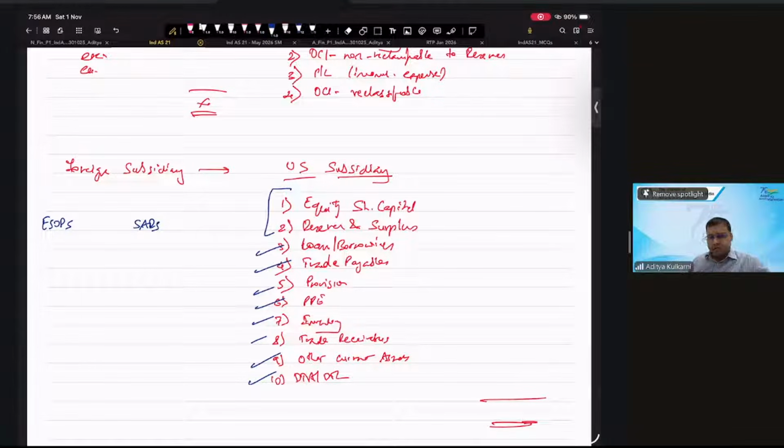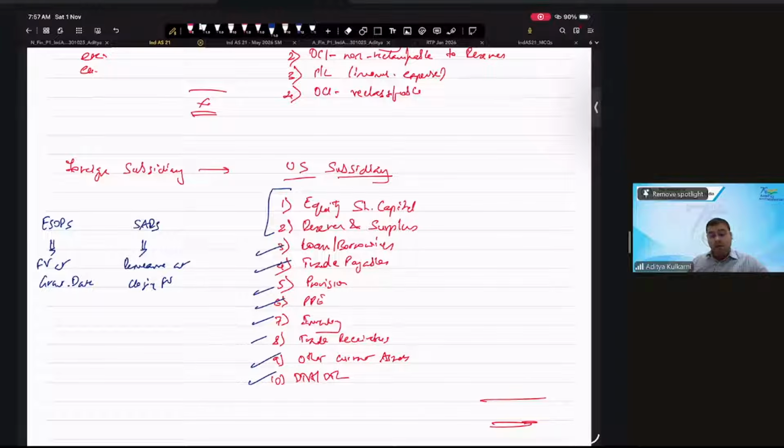In ESOPs, what did I used to do? I would measure at fair value at grant date. Correct? Stock appreciation rights, remeasure at closing fair value. The difference would go to the P&L.